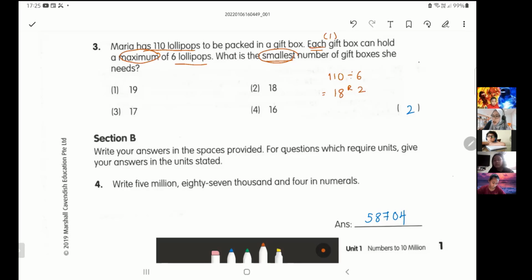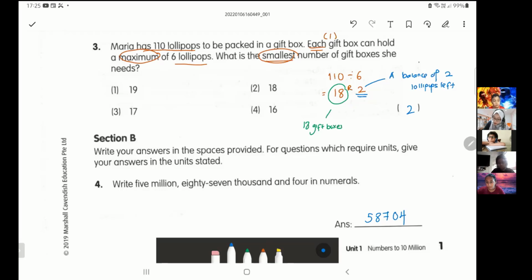But is the answer 18 remainder 2? No. I have the exact 18 gift boxes, and the remainder 2 means I have a balance of 2 lollipops left.